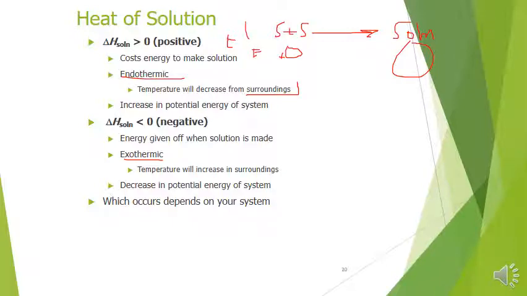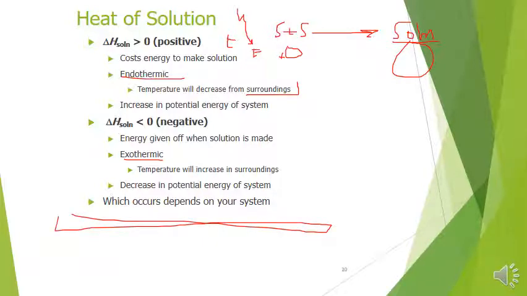The energy comes from the surroundings as heat, so heat is lost from the surroundings, and that increases the enthalpy to make the solution. And this one here is from the previous slide I just talked about. Usually this will be the case, but this other case is less likely to happen, and usually requires us to think more about something called entropy, which we'll talk about later on.